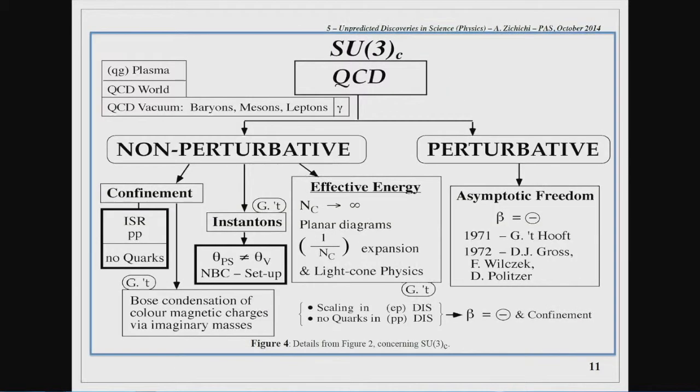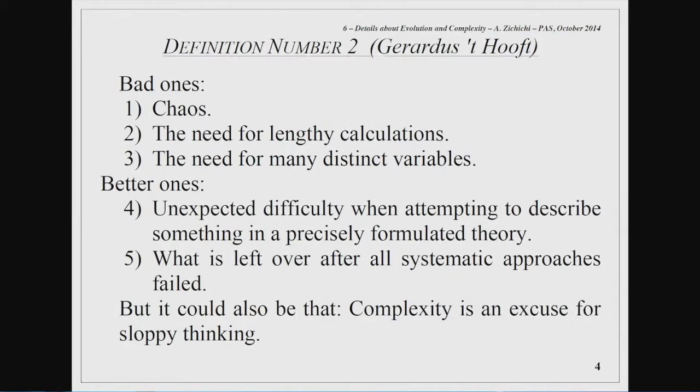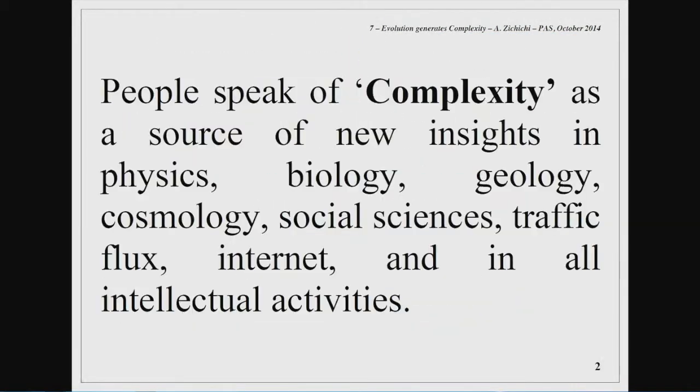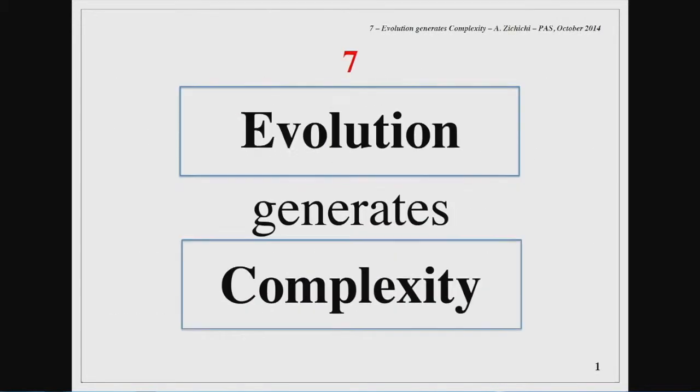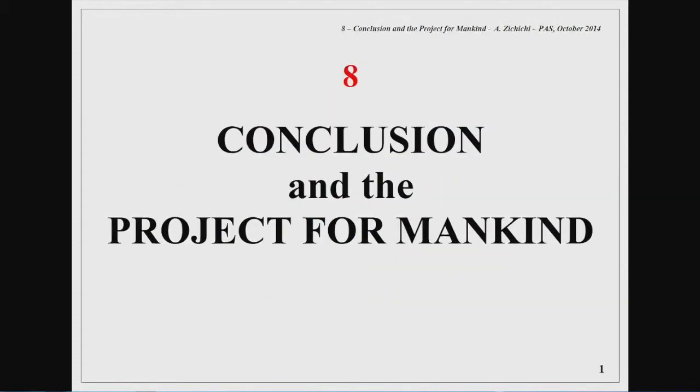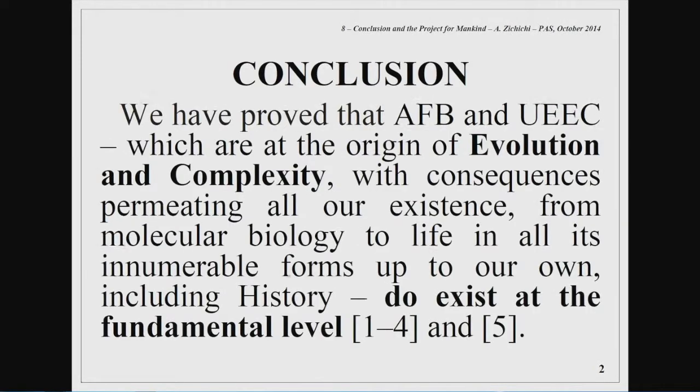Now here are all the details about what I said. Let me go to the conclusion. Well, evolution generates complexity. You have to believe me. I have no time. Conclusion and the project for mankind.